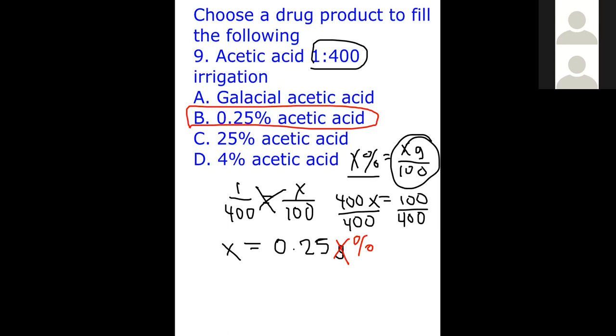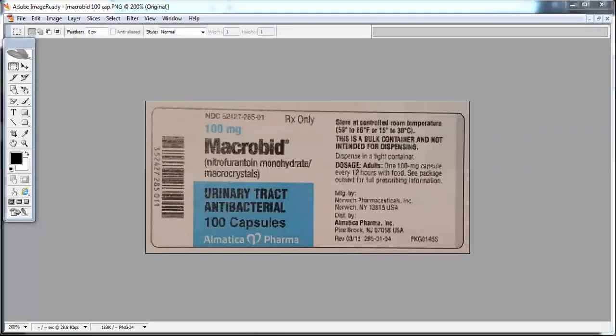Let's go on to the next set of problems. Reading the prescription label. Okay, class, so the next set of problems, it's asking you to identify the information indicated for each label.